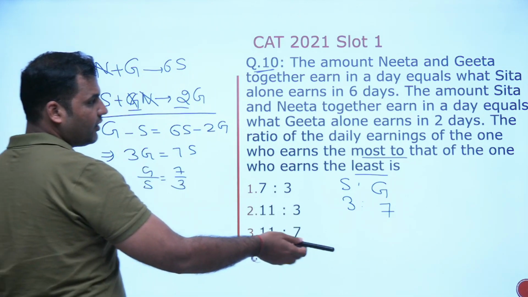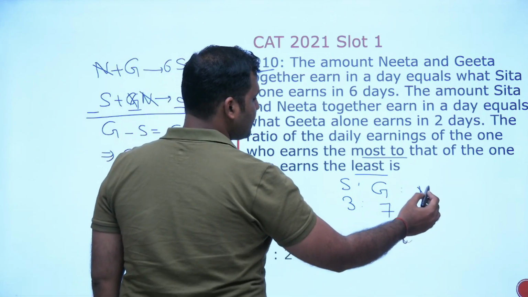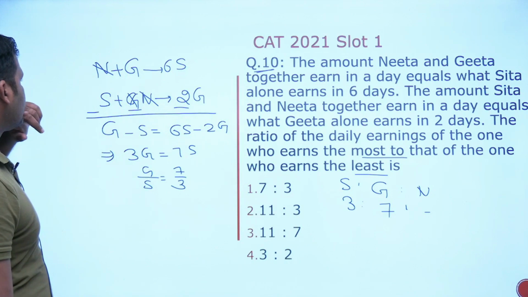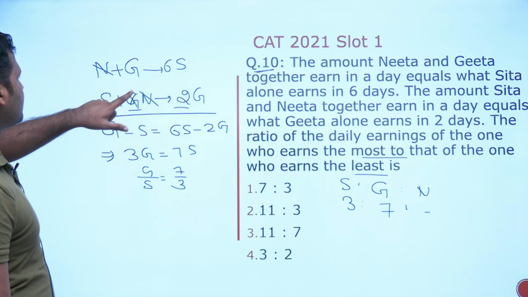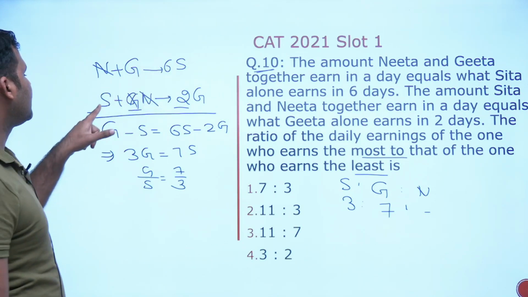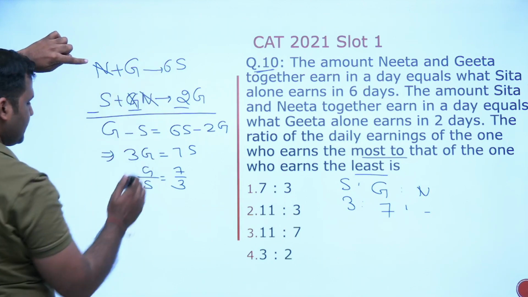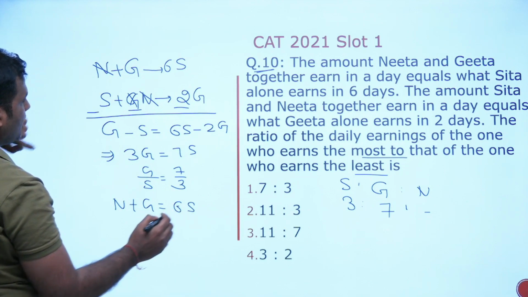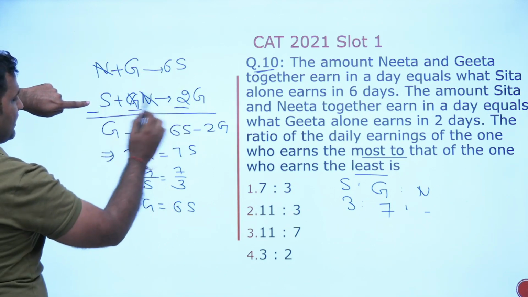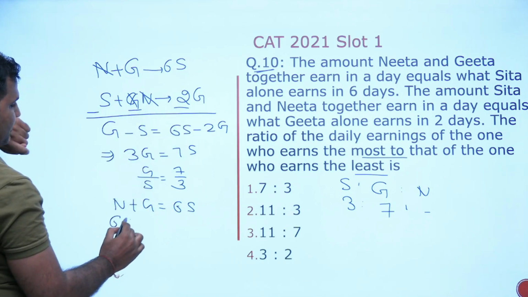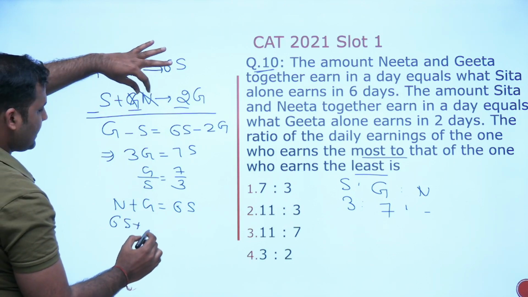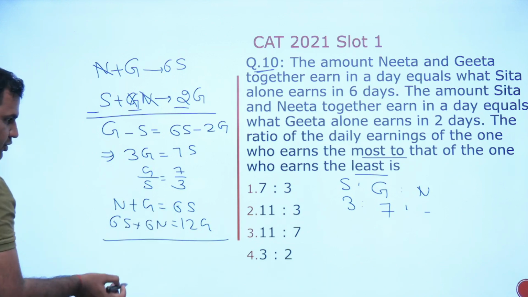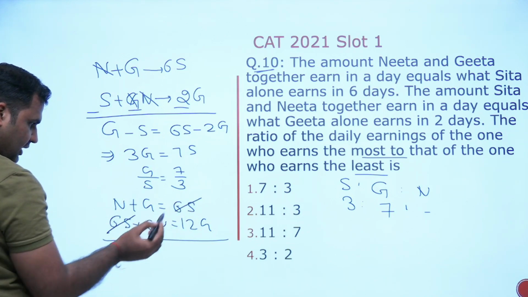What I need now is Neeta's units of work. How many units of work will Neeta do? To find Neeta's, I can eliminate Sita's. How can you eliminate Sita? Neeta plus Geeta for 6 days is given to you. If I multiply this equation by 6, Sita plus 6 times Neeta will be equal to 12 times G. Now add these two equations, and these two will cancel.